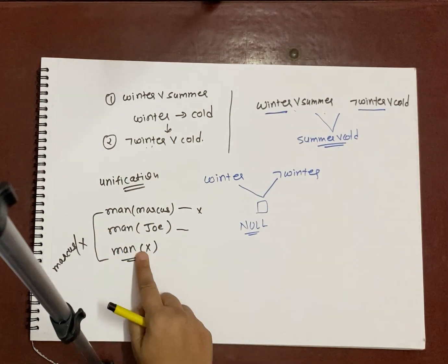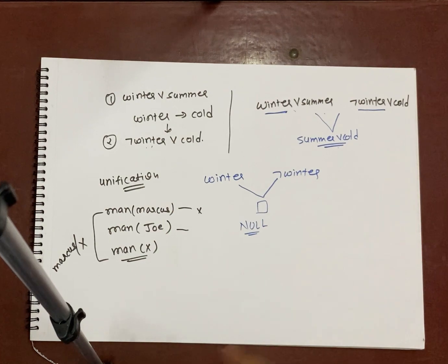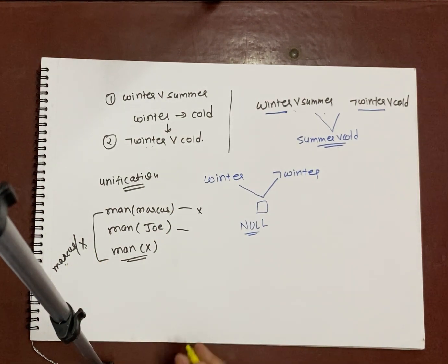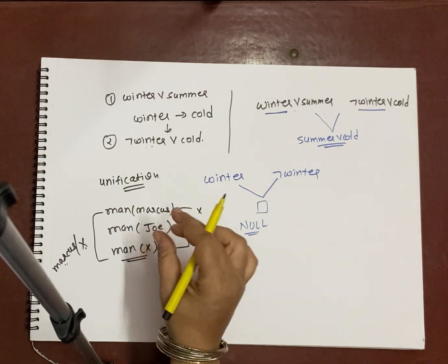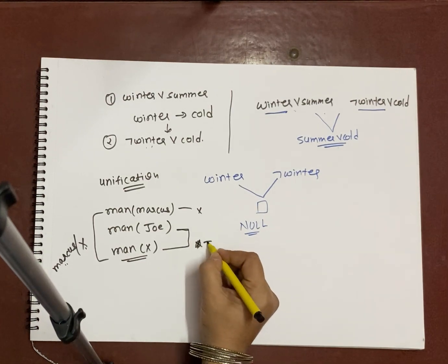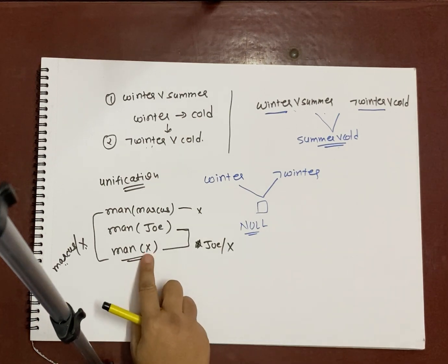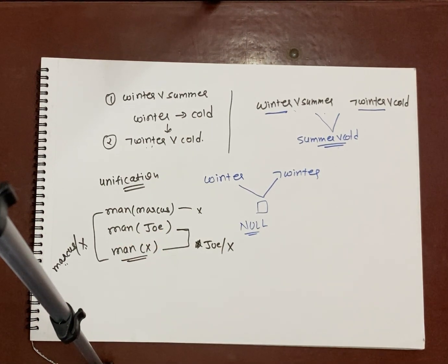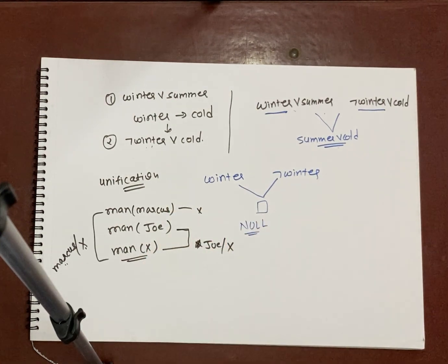Both are unifiable, and they can be said equal if and only if the value of X is Marcus. Similarly, if you try to unify man(X) with man(Joe), it is only possible when the value of X is Joe.